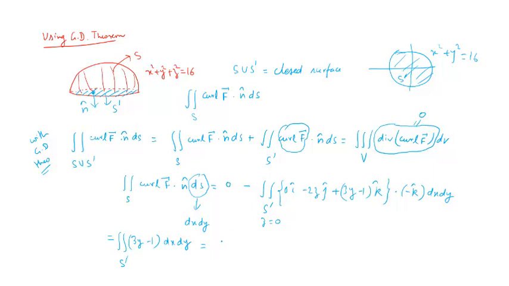So the limit of y will be from minus root of 16 minus x square to plus root of 16 minus x square, and the limit of x will be from minus 4 to plus 4, of (3y minus 1) dx dy.